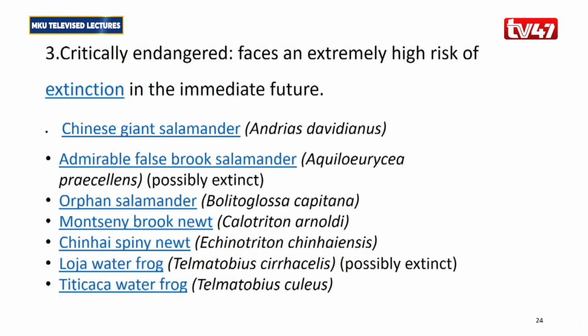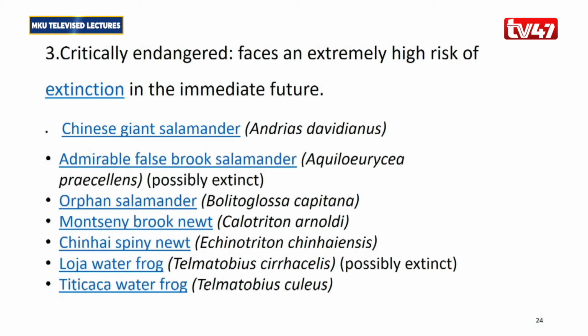Number 3, critically endangered species. These face an extremely high risk of extinction in the immediate future. Meaning what? They will become extinct if care is not taken, or if any factor surrounding them is not controlled or removed.